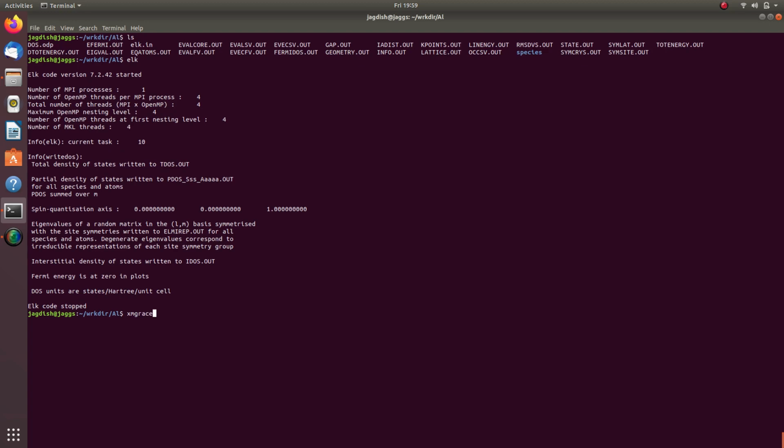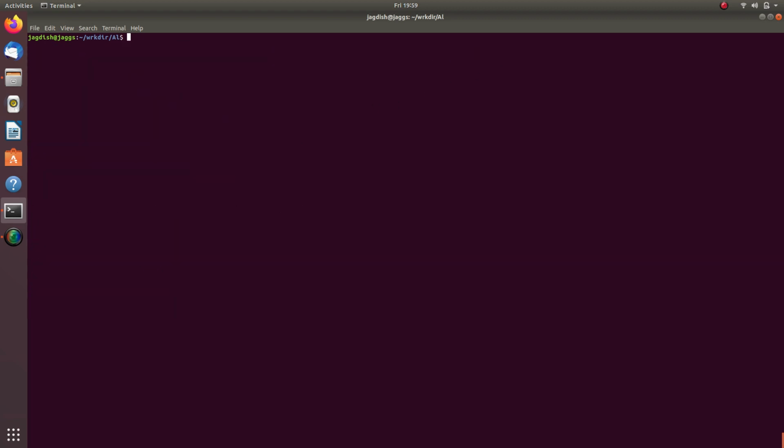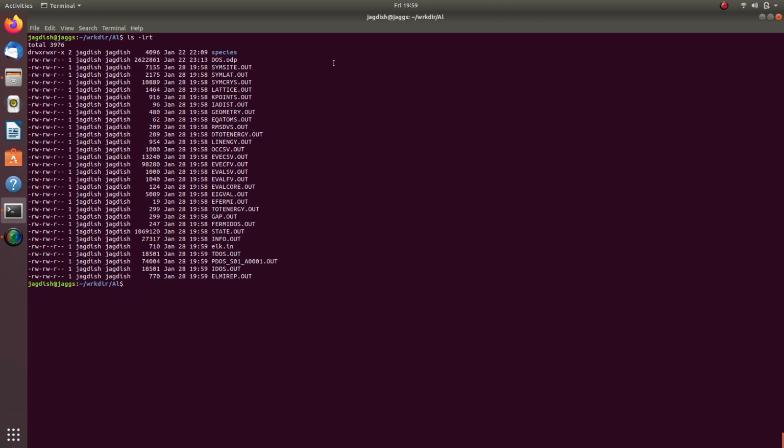So you will be getting some files, namely the latest files, let me show it for you. ls -lrt is the command which tells you the files in the order of time when they were written. So the last file which was written is TDOS.